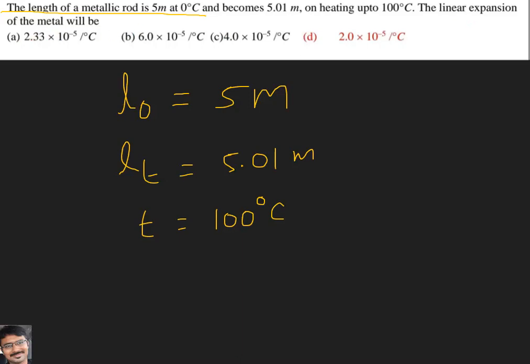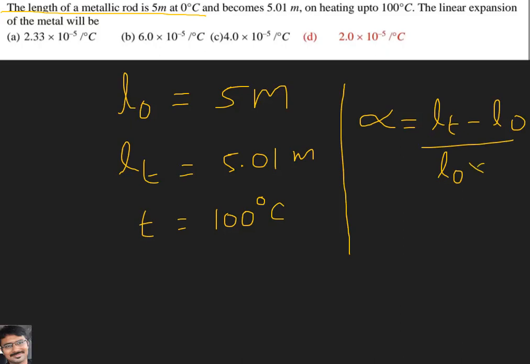What is linear expansion of metal? Very simple and straightforward problem it is. So what is alpha? Alpha is the coefficient of linear expansion. It is not linear expansion, you have to call it the coefficient of linear expansion. So alpha is LT minus L naught by L naught into T. I am telling one secret.